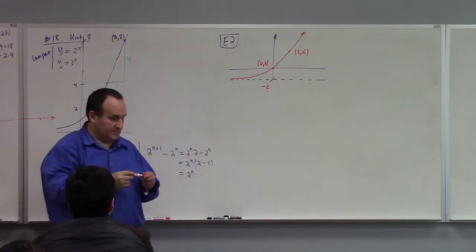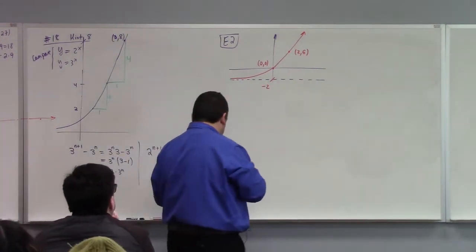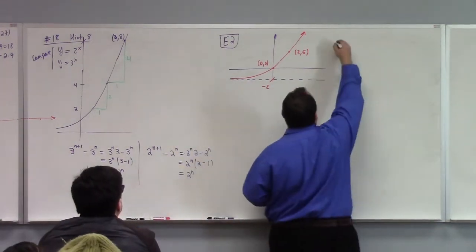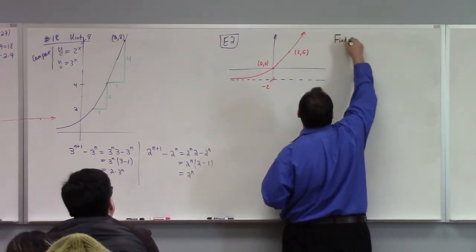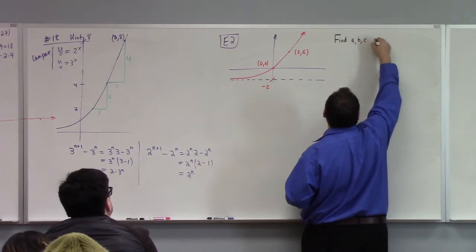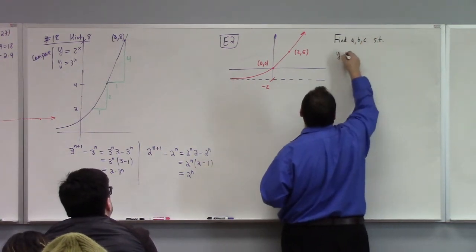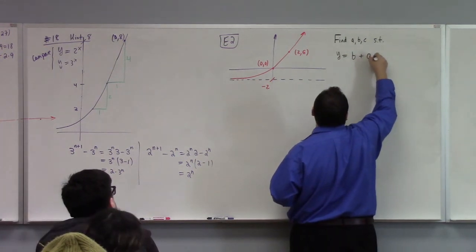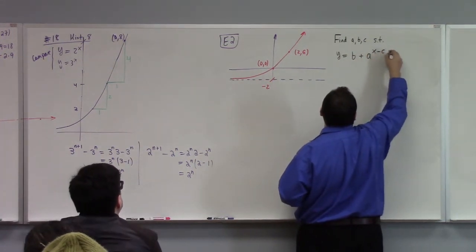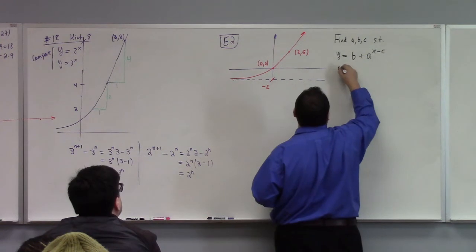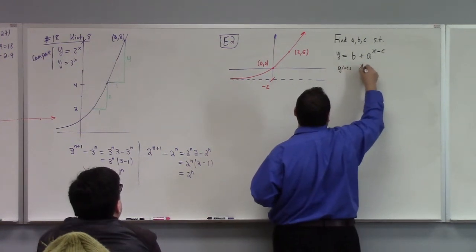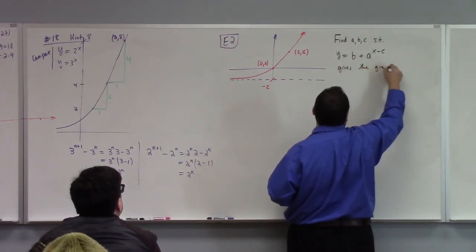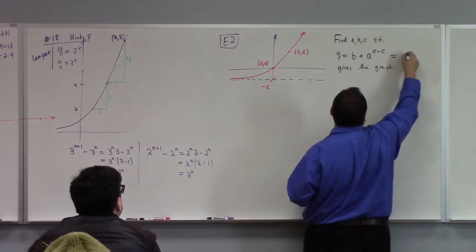Now here's the question. Find a, b, and c such that y equals, let's say, b plus a to the x minus c gives this graph. So I'm going to call this whole thing the function of x.